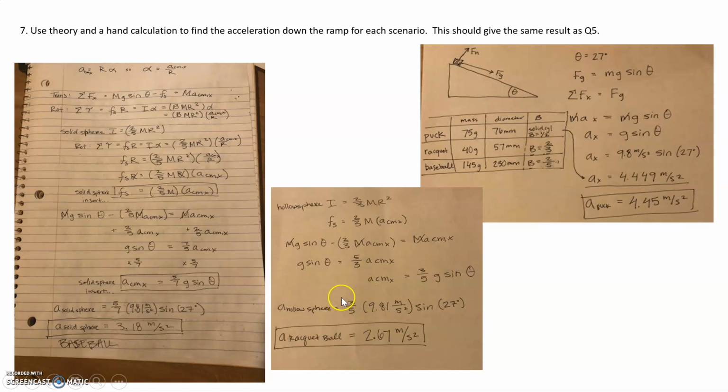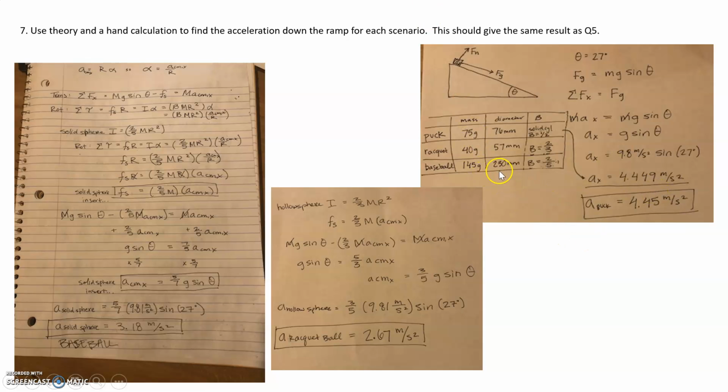And since the puck wasn't rotating, it was slipping because there was no friction, I could just go through and plug it in through this equation, which is more simple. And so solving for the acceleration of it, I just got 4.45 meters per second squared.